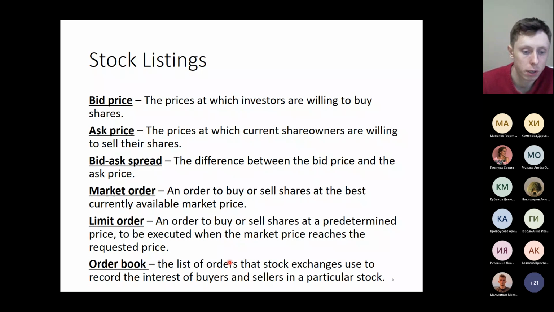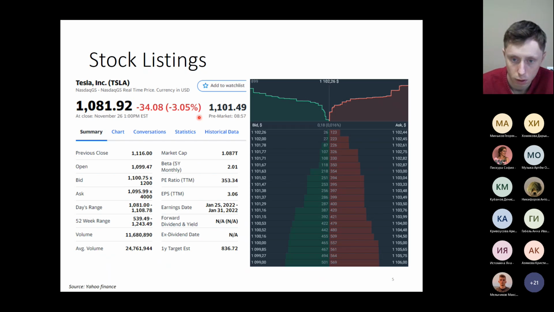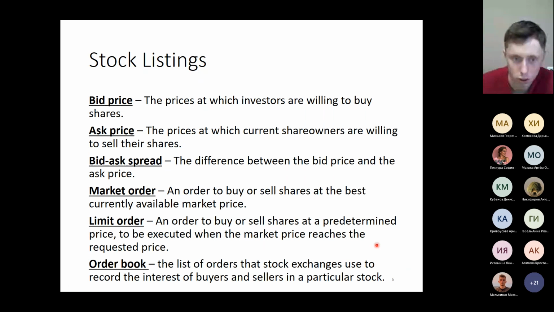And here are formal definitions of the things we saw on the previous slide: the bid price, the price at which investors are willing to buy shares, and the ask price, the price at which they're willing to sell it. In the order book, there would be the bid price on the left and the ask price on the right, and when they match, the transaction is settled.